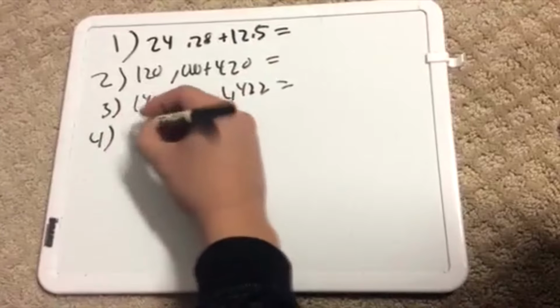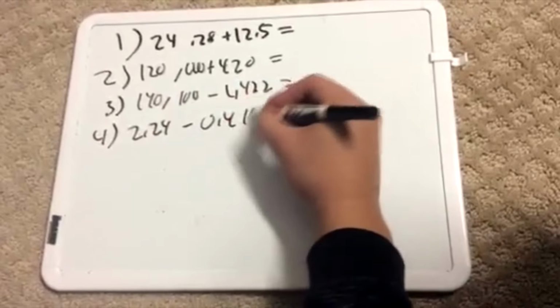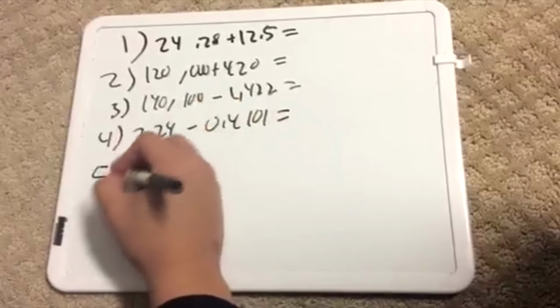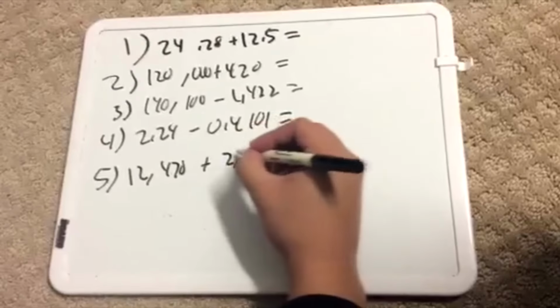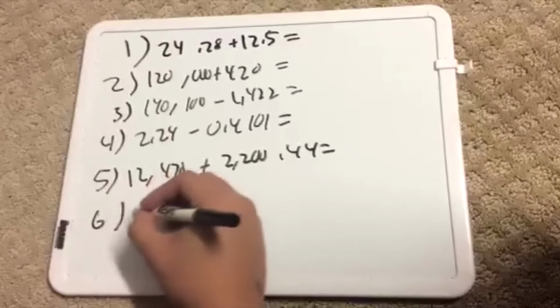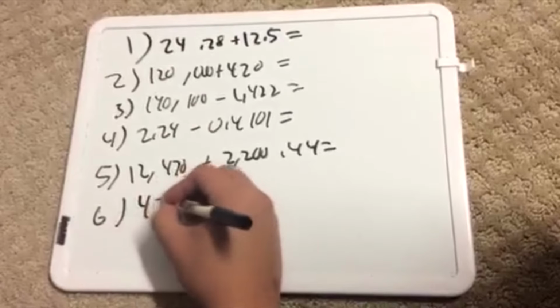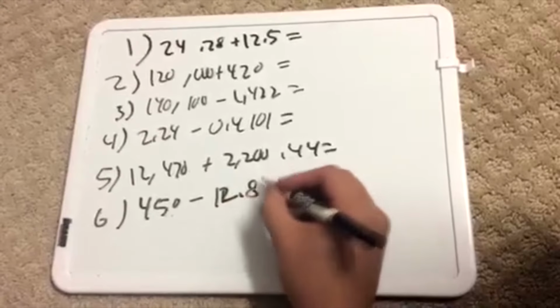Number 4, 2.24 minus 0.4101, and then 12,470 plus 2,200.44. Number 6, 450 minus 12.8. Alright.